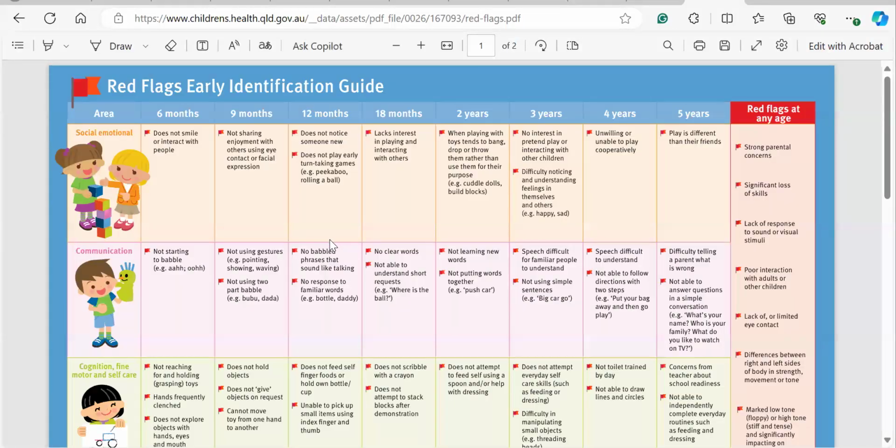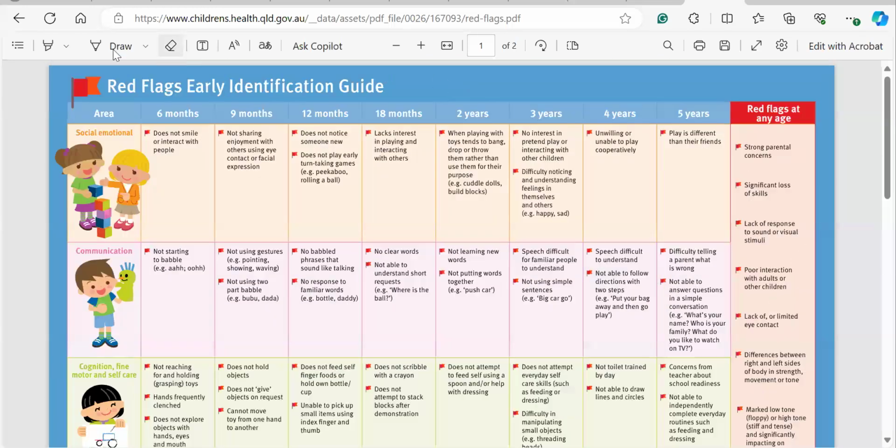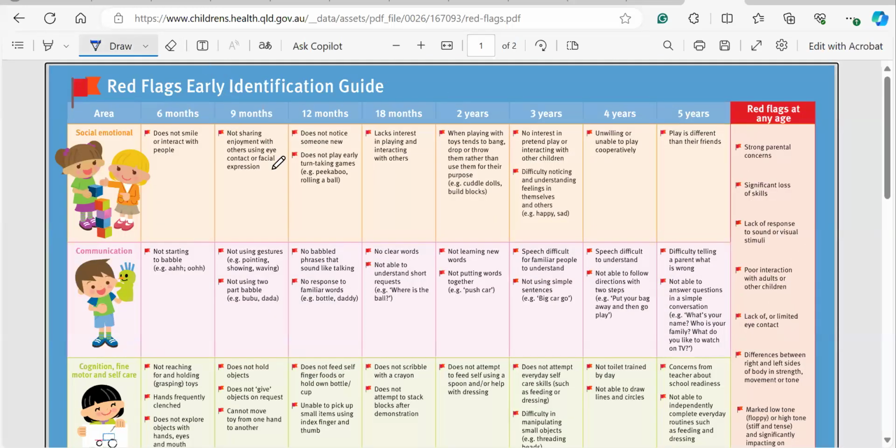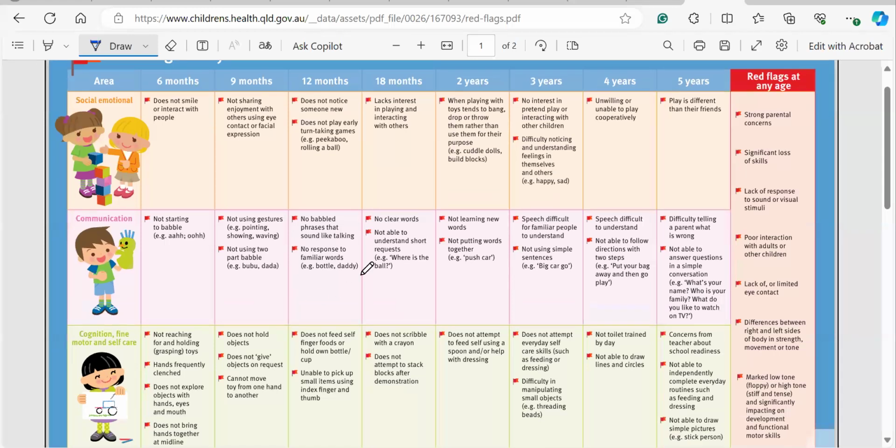Among all these things, you need to know a few red flags, which is super important for the exam. If a child does not have any clear word by 18 months, that's a red flag.